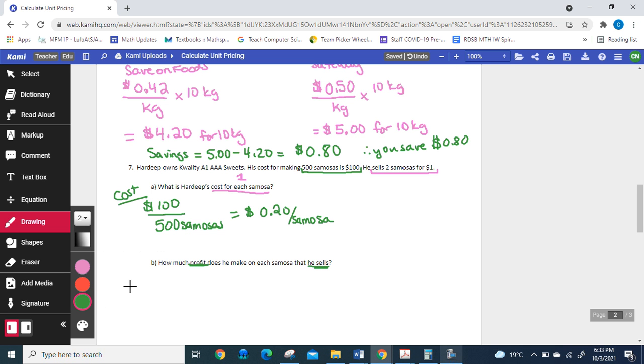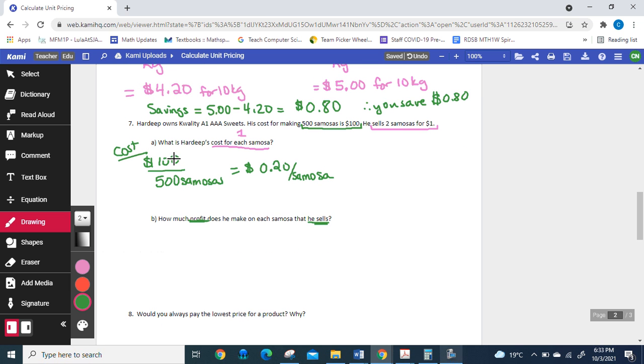First we have to figure out what we make on each one. We sell it for $1 for 2 samosas, so the money that we're bringing in is 50 cents per samosa.